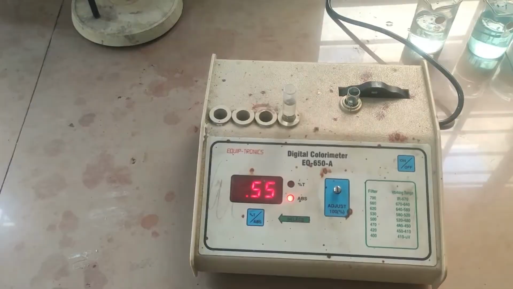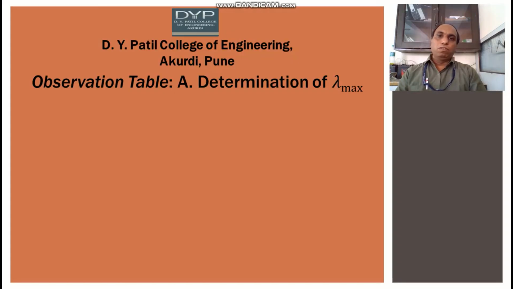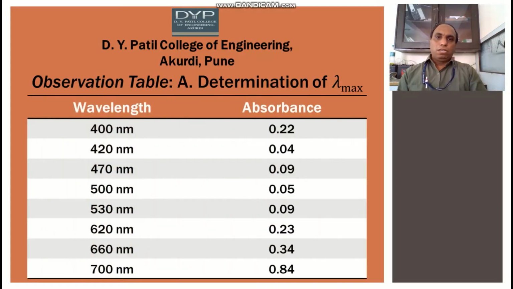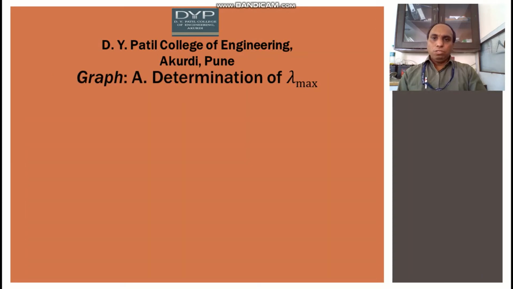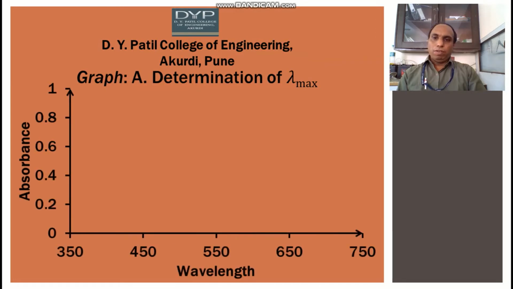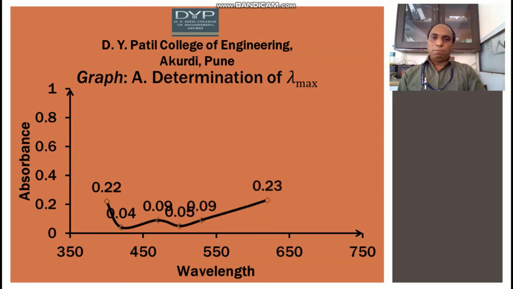Now we have performed the experiment and got these observations, and we are going to plot a graph between wavelength and absorbance. Accordingly, we get this graph, where you can see we have 0.84 absorbance at 700 nanometer.